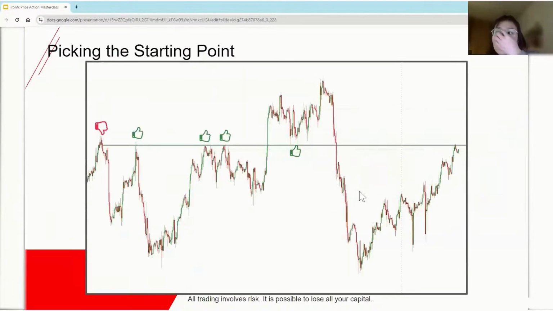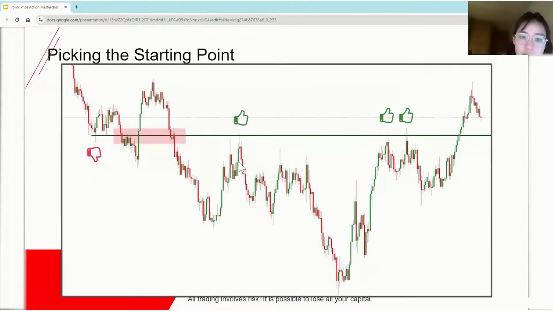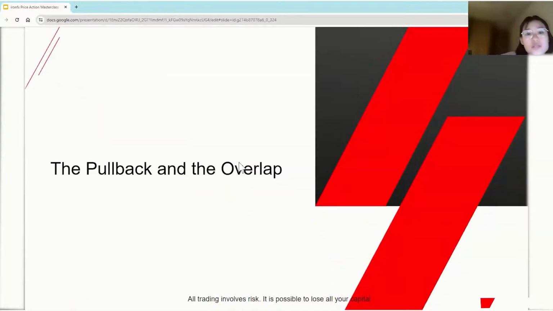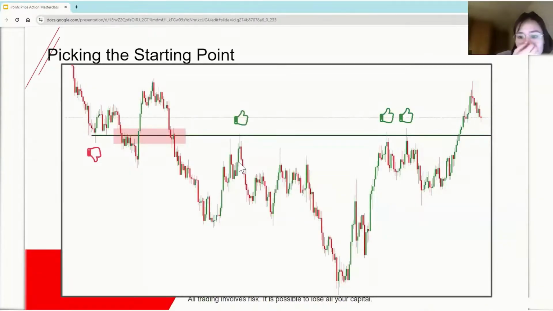Okay, you can see when it cuts through nicely just one body of the candlestick, that's fine. This is something that we want to avoid because it's cutting too many bodies of candlesticks. Okay, we just want clean cuts of just the wick. Okay, here's another example. Take note of this red highlighted area because we want to avoid intersecting so many candlesticks.